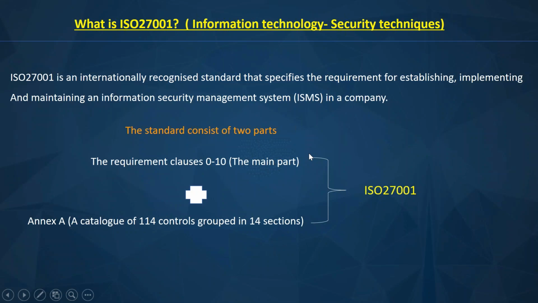So we go straight into the framework now. What is ISO 27001? At this point, if you have your ISO 27001 printed, you can bring it out, because I'll start referring to it. If you don't have a copy of this document, just let me know. I'm happy to give you a copy.